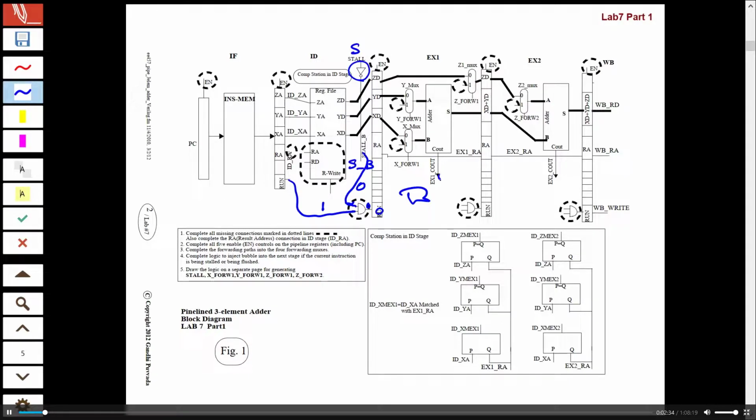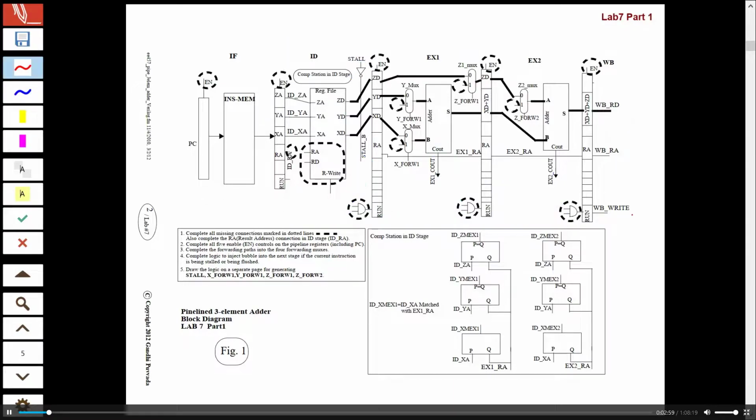Similarly, if there's an overflow here, the run gets cancelled or it turns into a bubble as it goes here, and same thing here. I need to put an inverter. If cout is true, then I want to nullify that instruction, and that becomes the WB write.